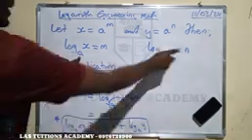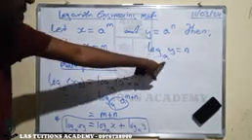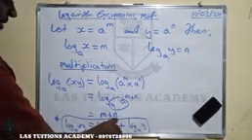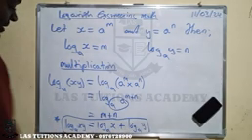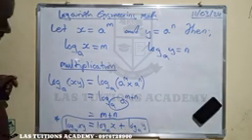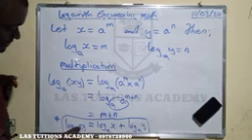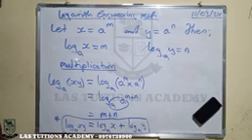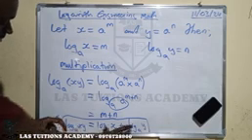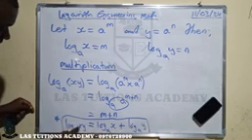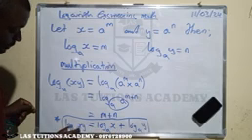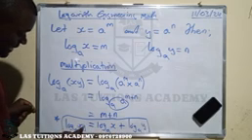Our n is log y base a. So we replace the m, this is our m, and the n, this is our n. Because here we have log base a of x times y, you can decide to split this into log x of base a, which is this, plus log y base a, which is that.